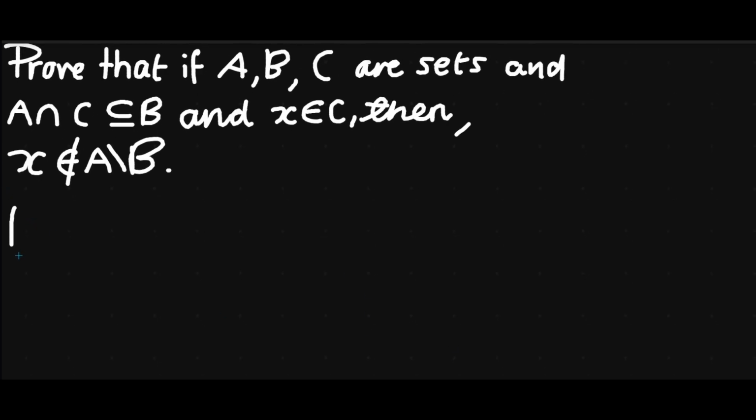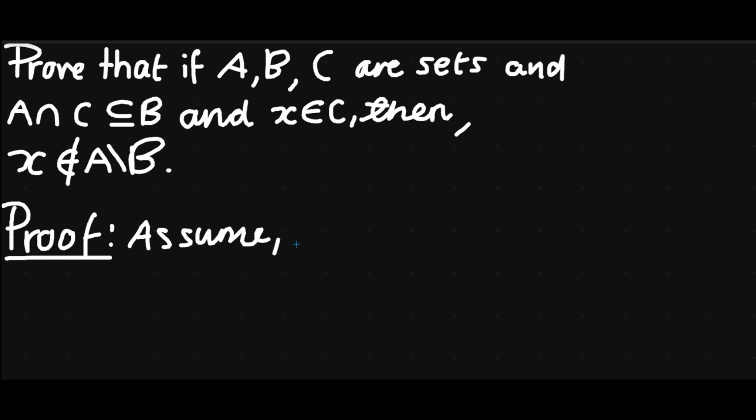So we're going to do this by contradiction. Assume, okay, this is our contradiction. I'm going to say assume to the contrary, just so it's obvious that we are doing a contradiction proof.